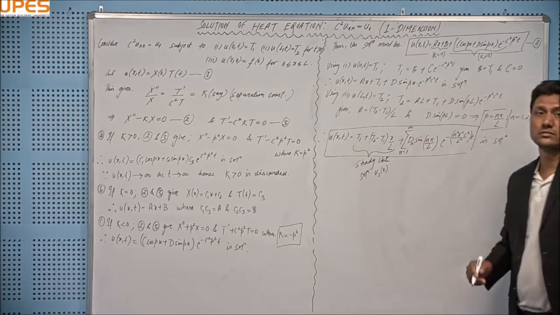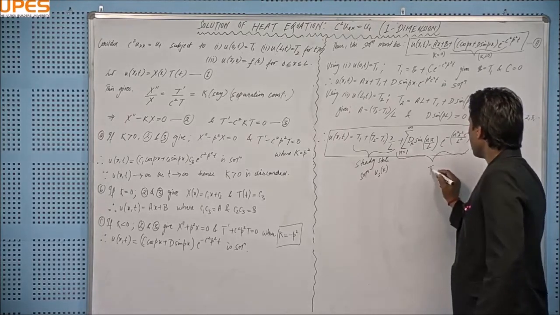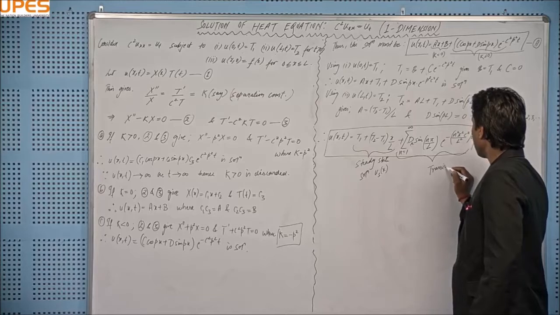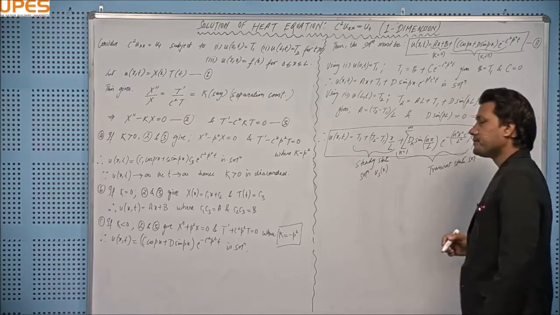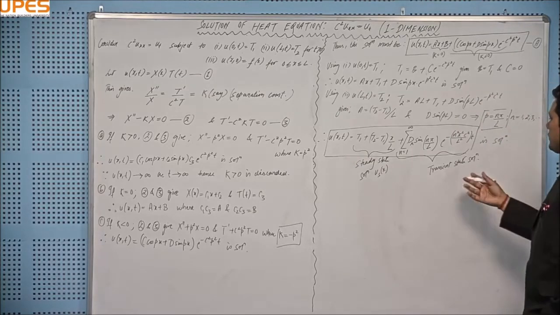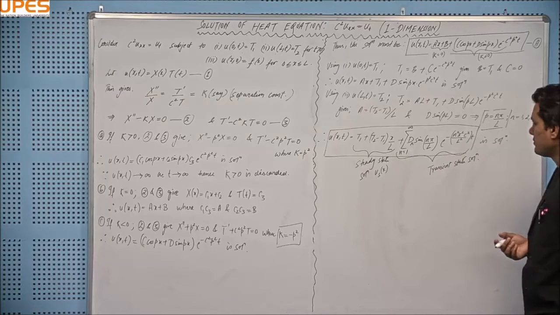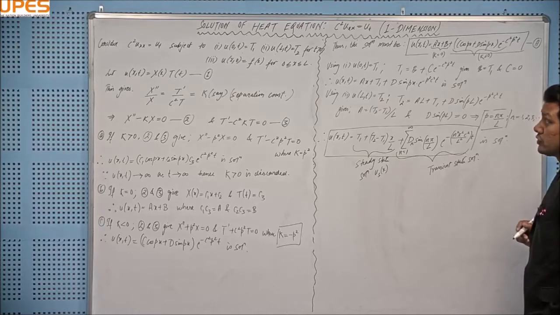Steady state solution. And this is called the transient state solution, right? And you may like to denote it by U_K, or any suffix. I'm not denoting that. Fine. And still one more condition is left.